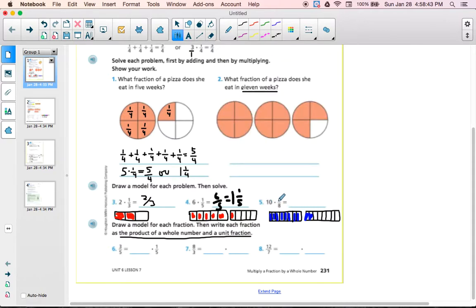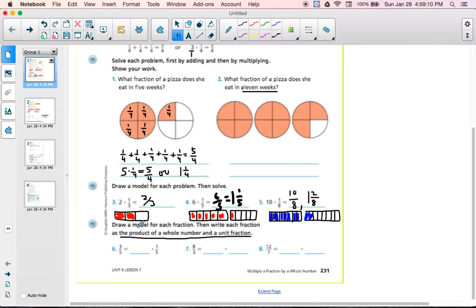So 10 times 1/8 is the same as 10 eighths. Or if I wanted to write it as a mixed number, 1 and 2 eighths. All right. So that's multiplying a whole number times a unit fraction. See? Whole number, unit fraction, whole number, unit fraction.